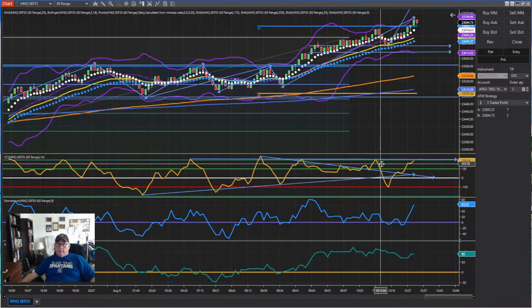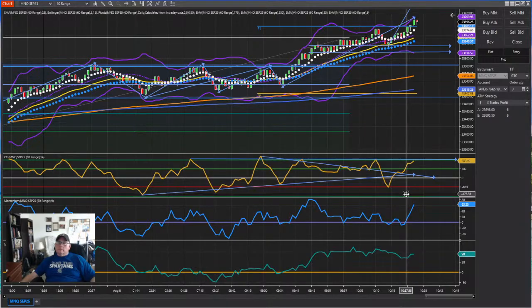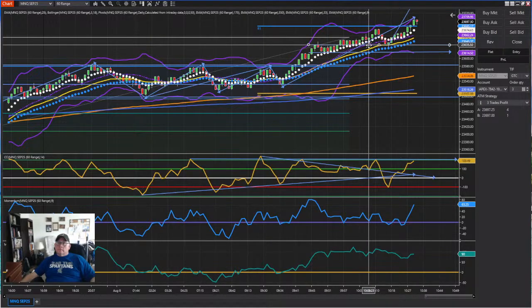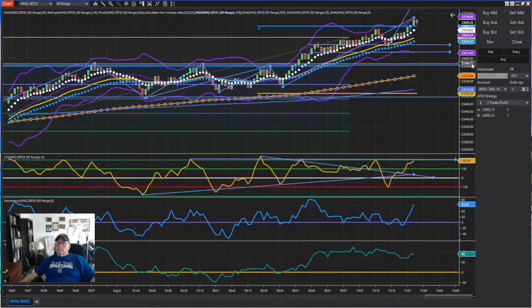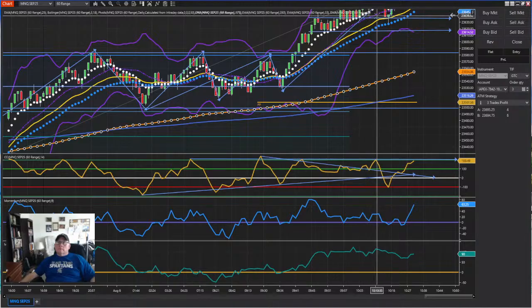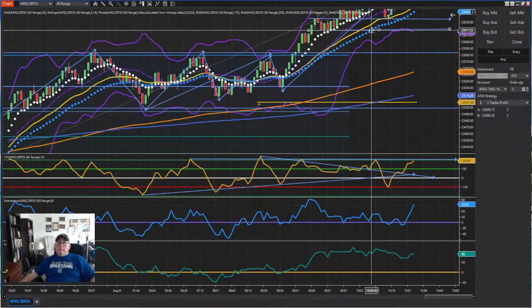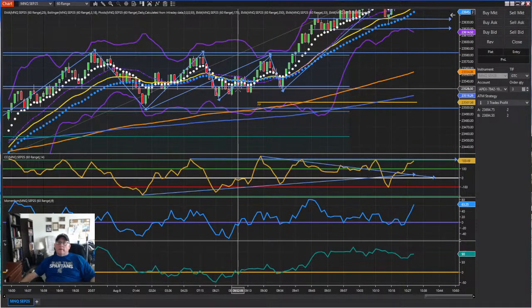Obviously broke through this, and now it's trying to work on these up here. This is still holding. I'm just tightening up the lines right now that we saw.